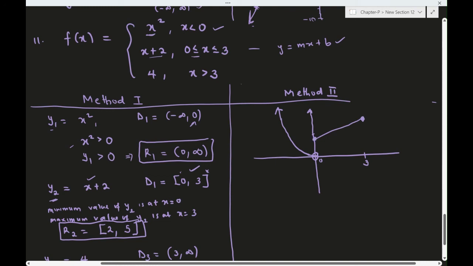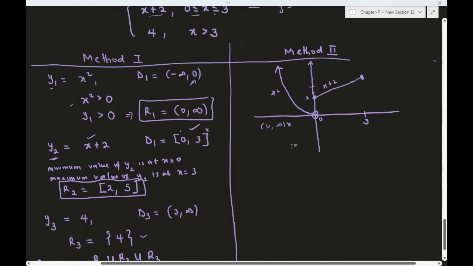So this 2 here is closed. Don't forget that at 0 the first piece is open, so it's fine. Now, we're done with the second piece. This piece is coming from x squared. This one is coming from x plus 2.